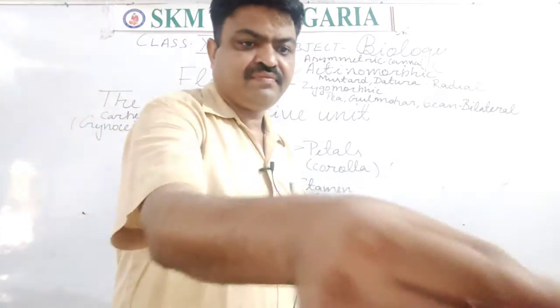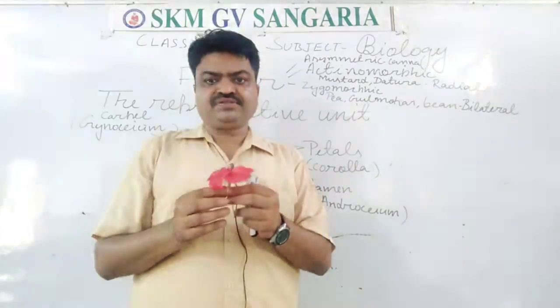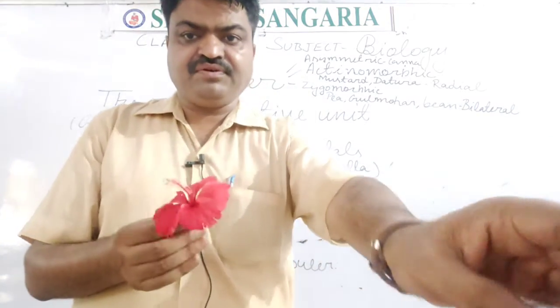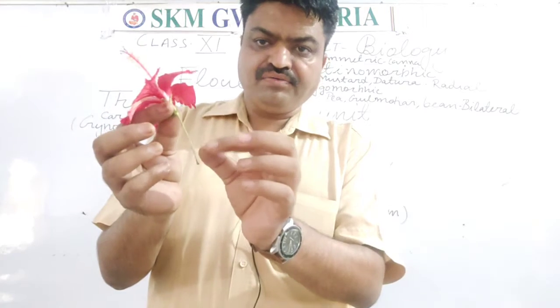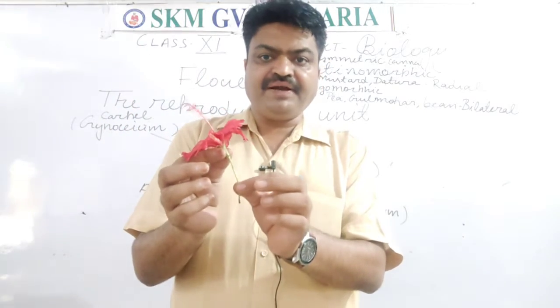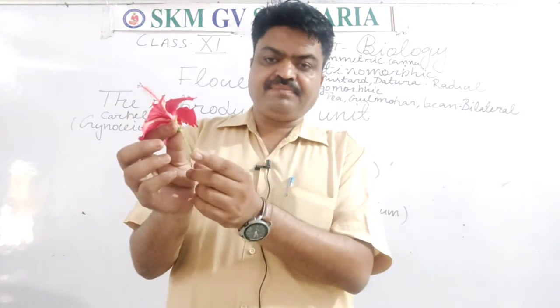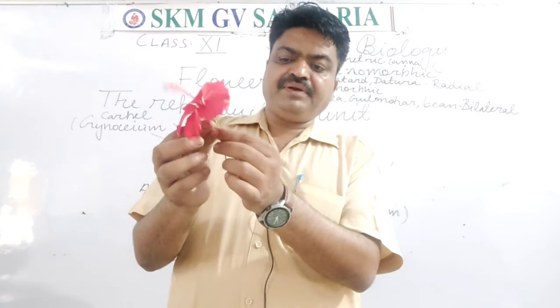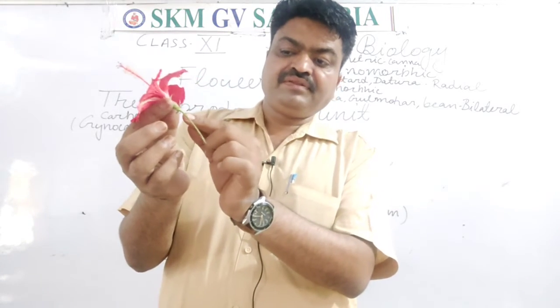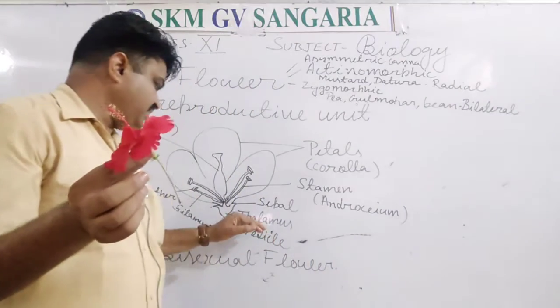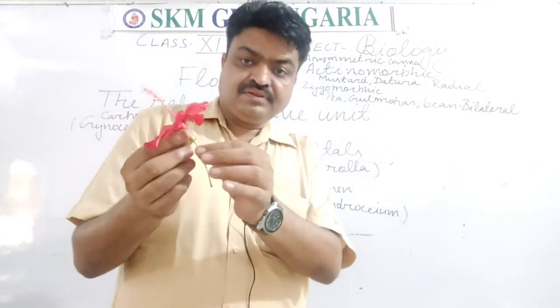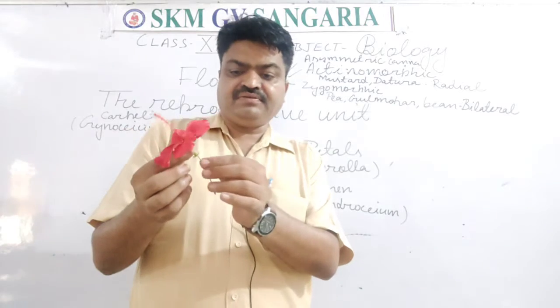I have one flower here, students, a hibiscus flower, and in this you can see this part of the flower is known as the pedicel, this basic part. After the pedicel the thalamus is found, and the thalamus stores food and water.